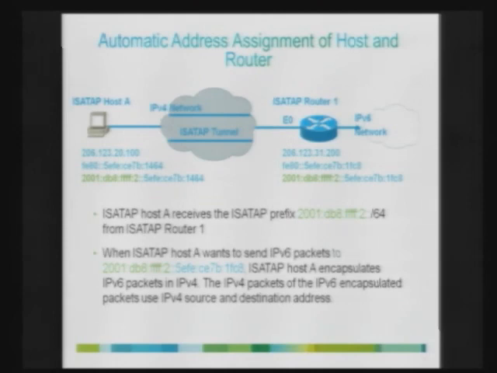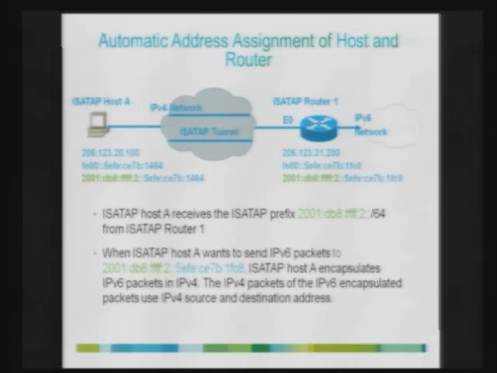Once the router advertisement specifying the ISATAP prefix is received by the ISATAP host, the host can create the interface identifier portion by embedding the 32-bit IP address plus the well-known piece of the other 32 bits.